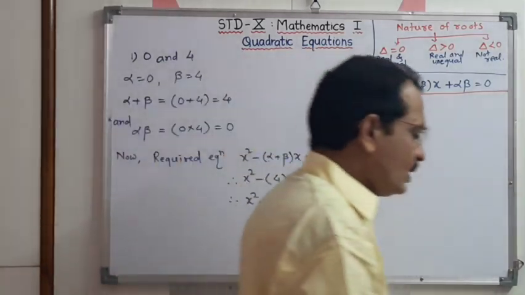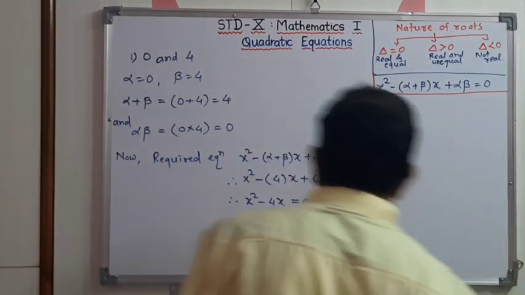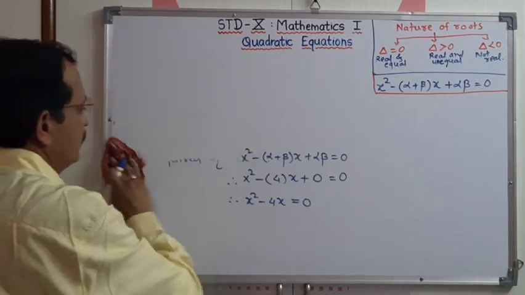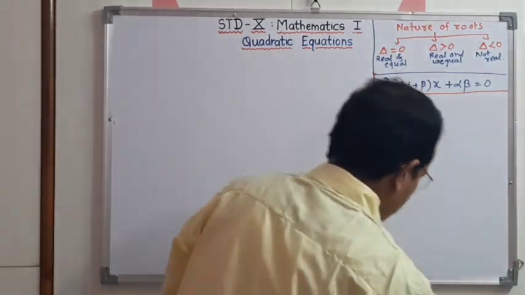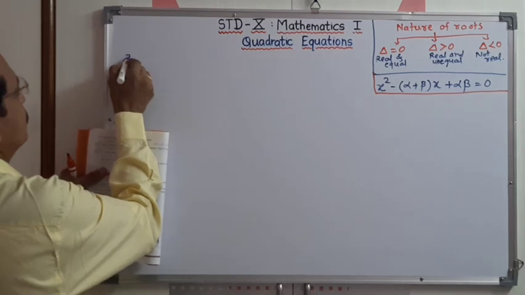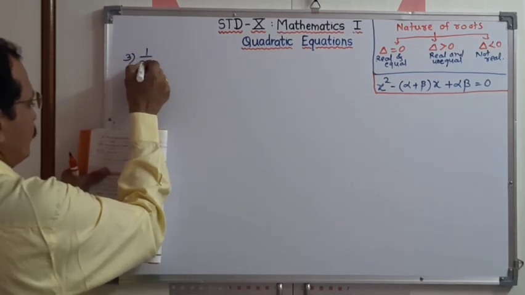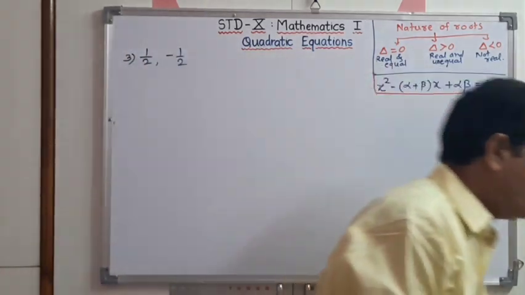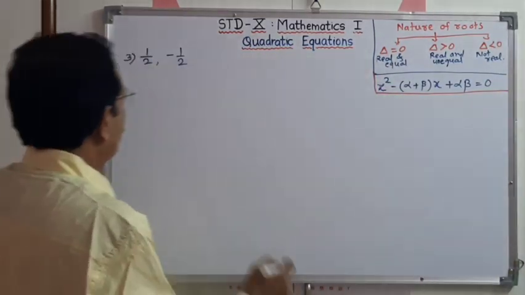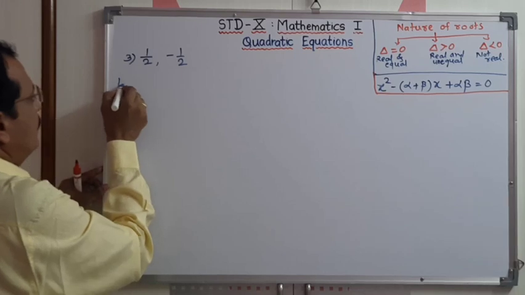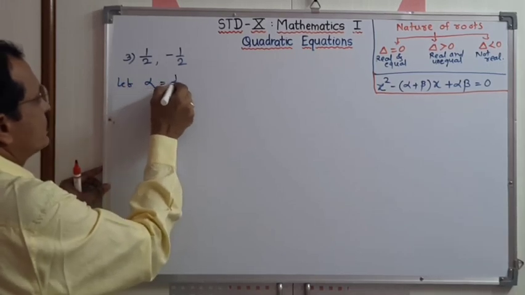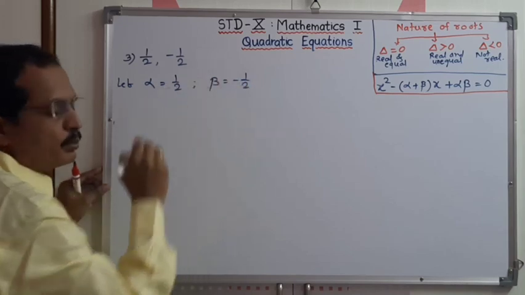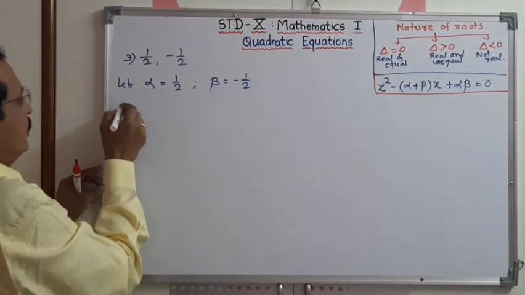Now, in that, third and fourth one is there. I will show you the third one and the fourth one. See the third sum, that is roots are 1 upon 2 and minus 1 upon 2. Now here let alpha is equal to 1 upon 2 and beta is equal to minus 1 upon 2.